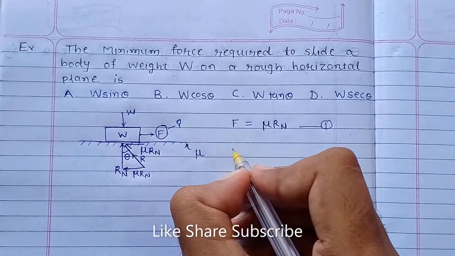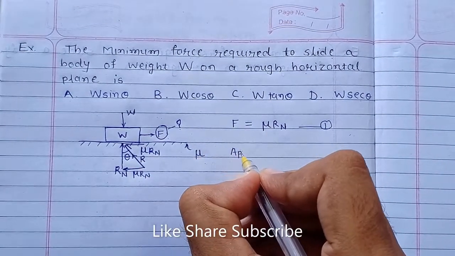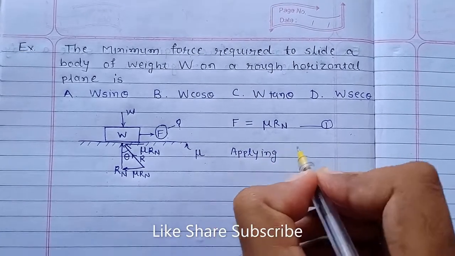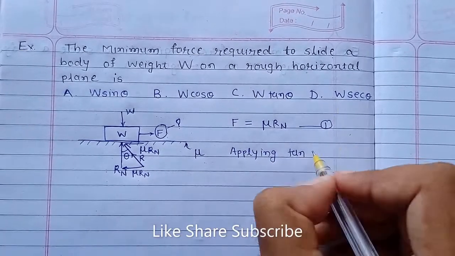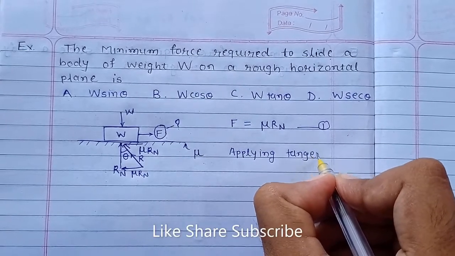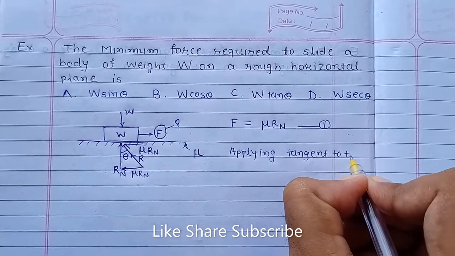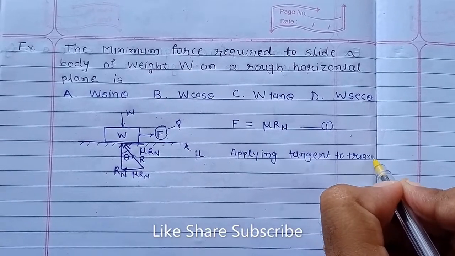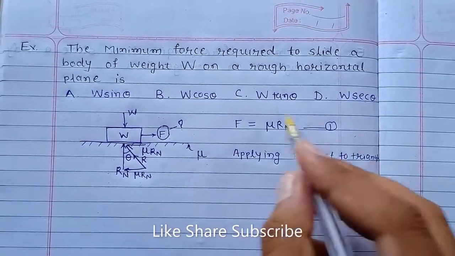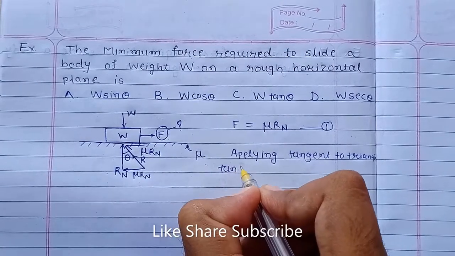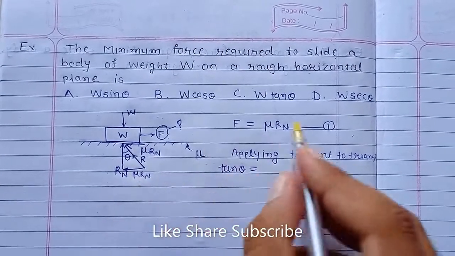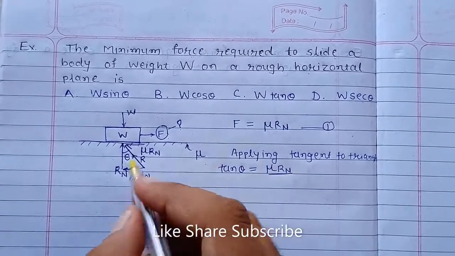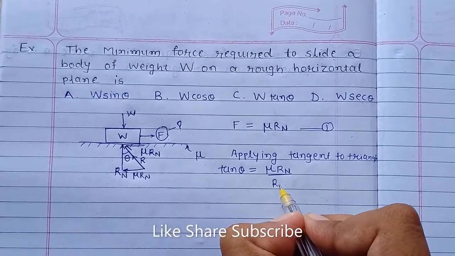Applying tangent to the triangle, tan theta is equal to mu times Rn divided by Rn.